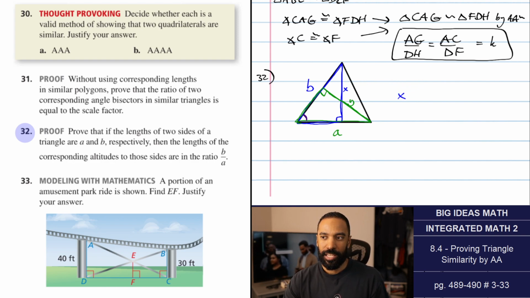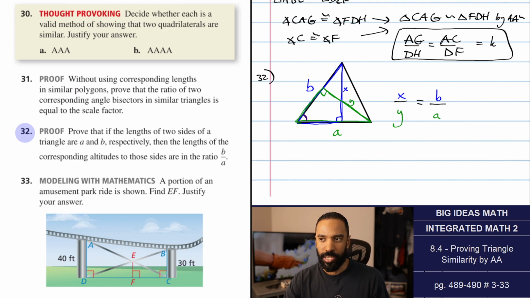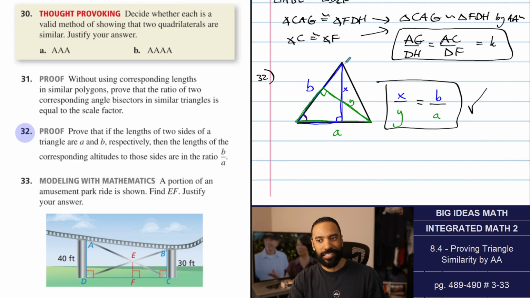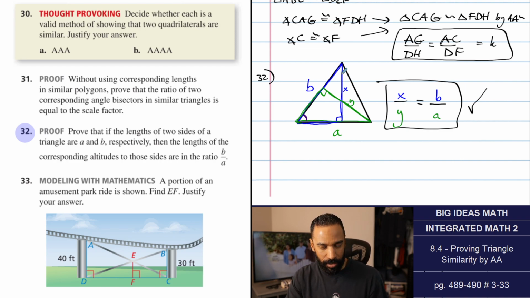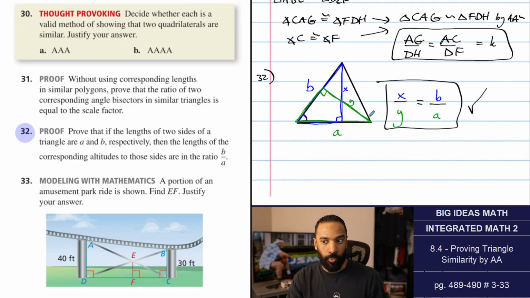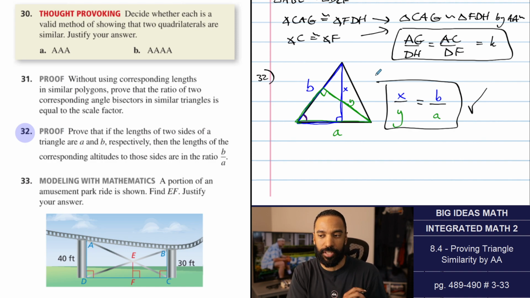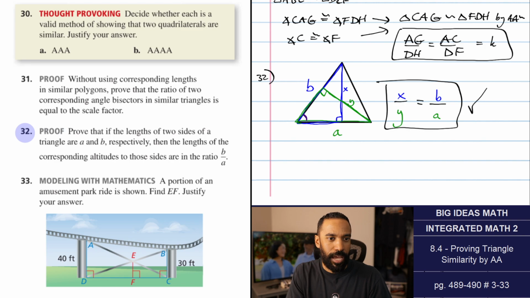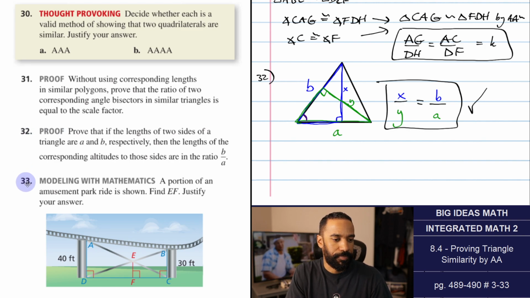So X is to Y just as in this triangle B is to in that triangle A. Yes, that does make sense. Yes, that checks out, because X is part of B's triangle that's similar to Y and A's triangle and all that kind of stuff. So, yes. I didn't really explain it. I didn't write out the explanation, but I think that works.